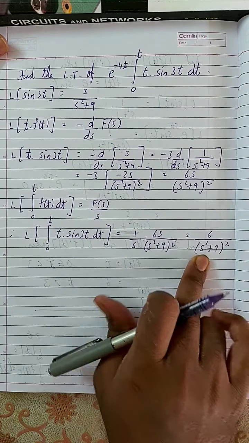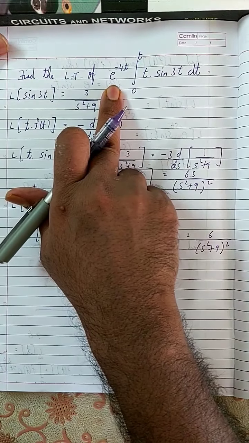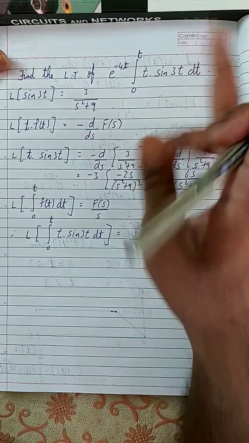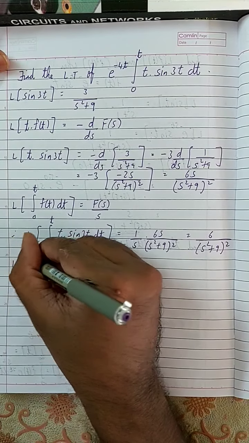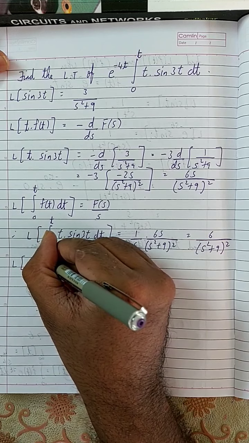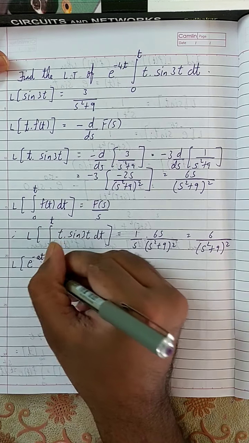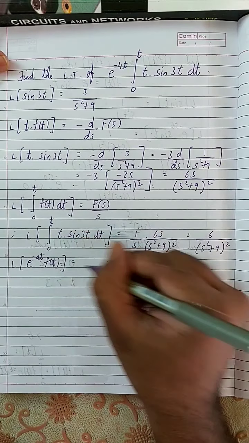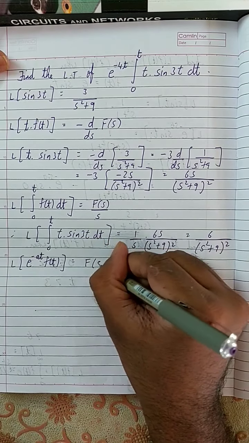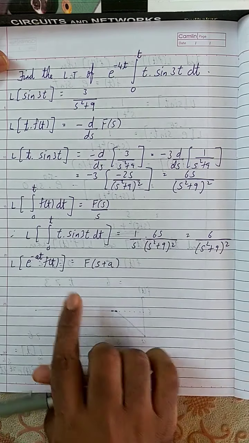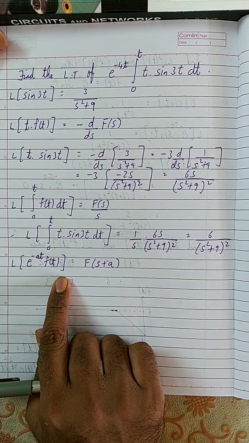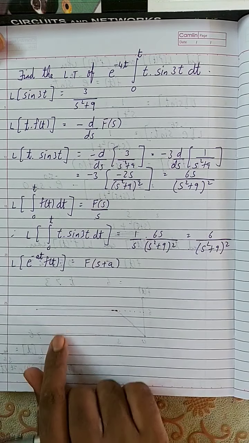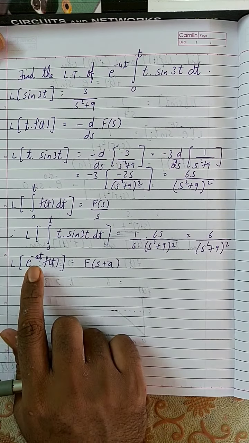Now if you look over here, it is the same function multiplied by e raised to minus 4t. We also know that the Laplace transform of e raised to minus at f of t is nothing but F of s plus a. This is called the frequency shifting property, and here the value of a is 4.